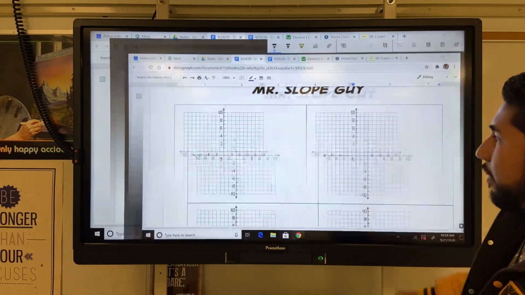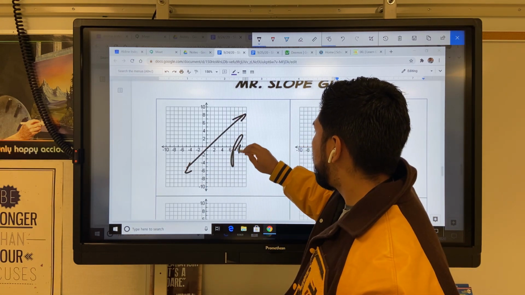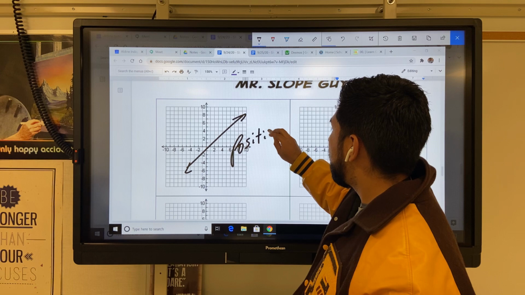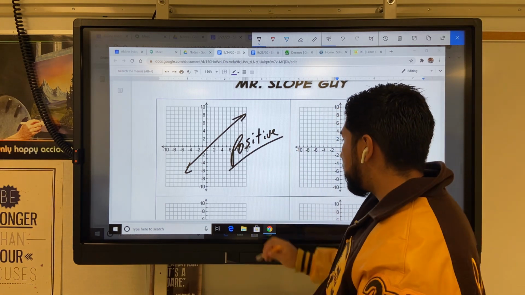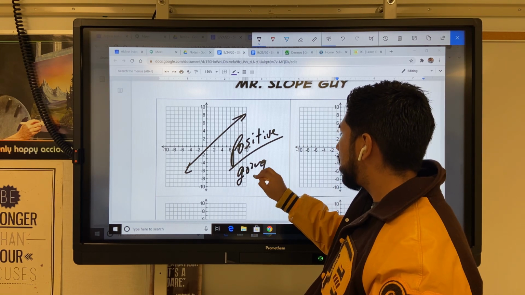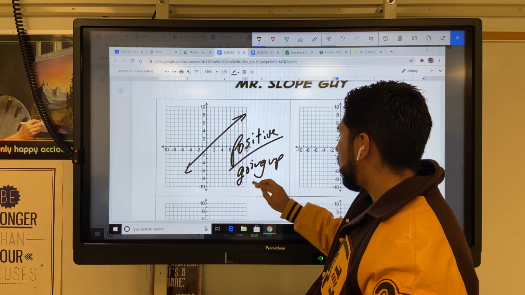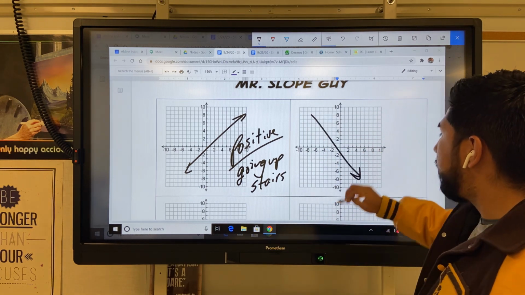Going over a positive and negative, just remember positive slope is a straight line going up. Give you a real quick example of a positive slope. Positive slope is going up the stairs. Coming down.